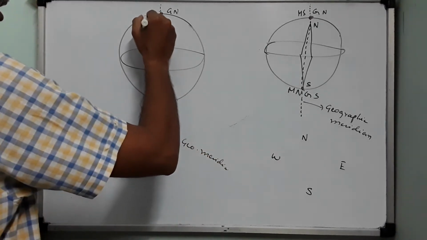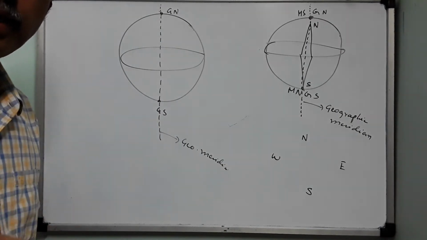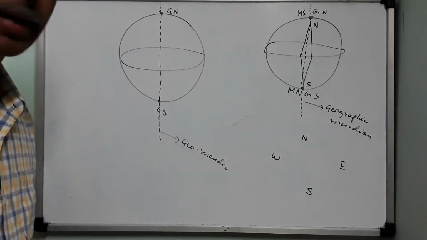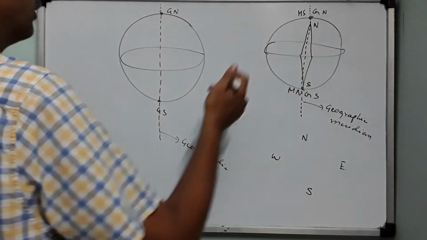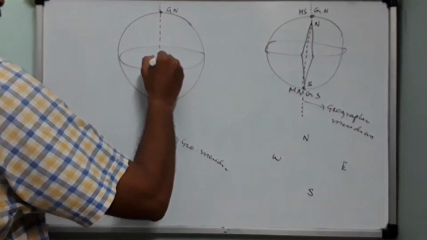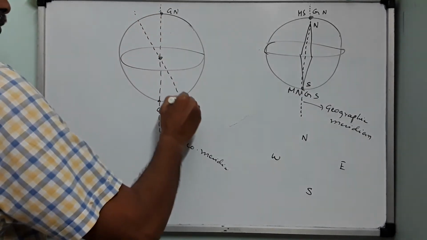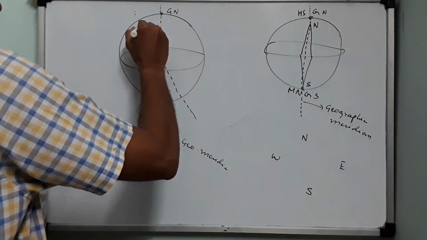Now, if you hold a compass or if you suspend a bar magnet, it will not align like this. Very surprisingly, your bar magnet will align like this.